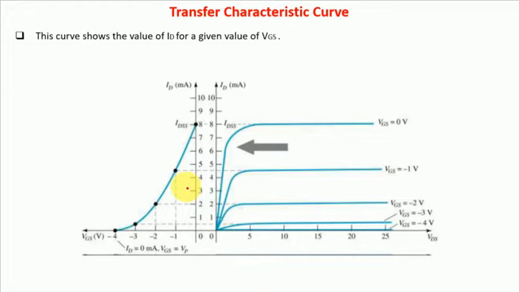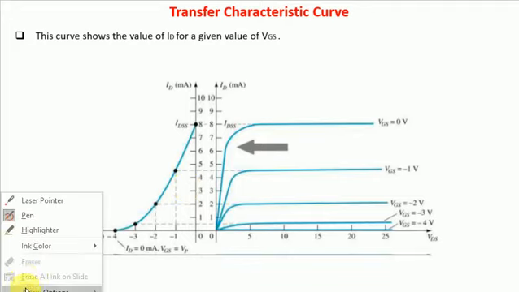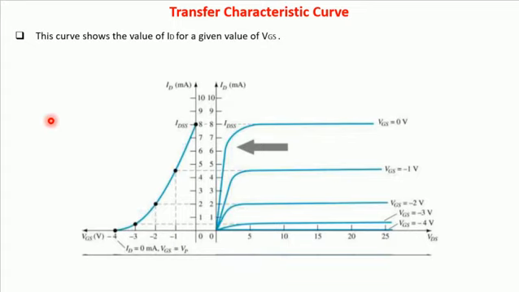Transfer characteristic is the plot of output current ID versus the input controlling quantity, which is the gate to source voltage. For a BJT, the transfer characteristic is a graph of IC versus IB. The BJT is a current controlled device and the JFET is a voltage controlled device. So we are taking VGS on one axis and the ID current on the other.